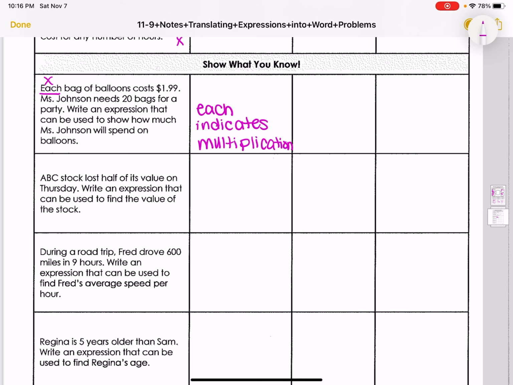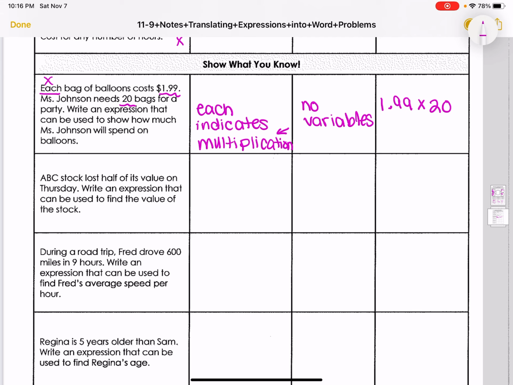All right, we're not going to have any variables. They gave us the two numbers that we're going to be using, 25 and $1.99. All right, and we're going to plug in our operation right here, which is multiplication, to have $1.99 times 25. And that's all for that.